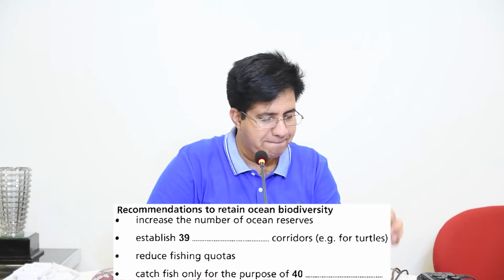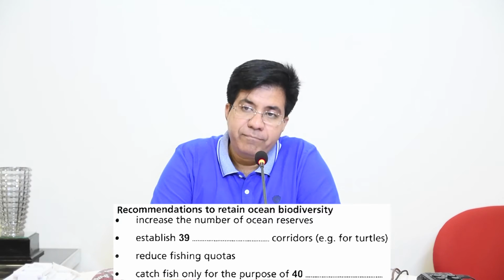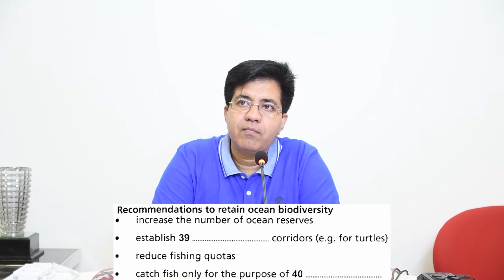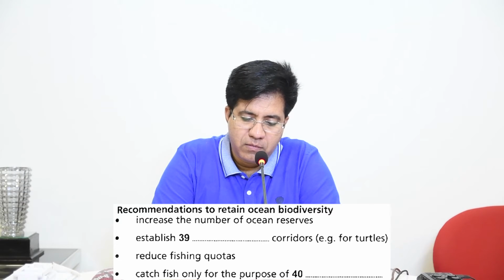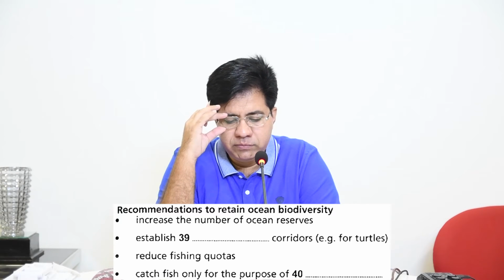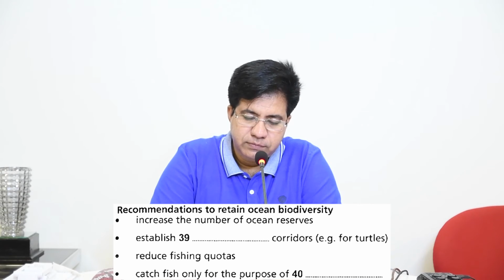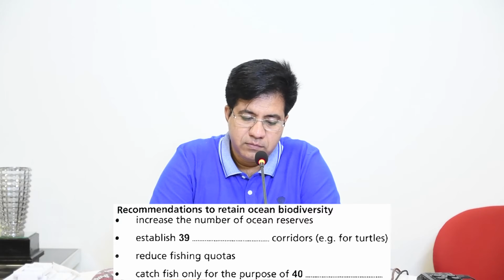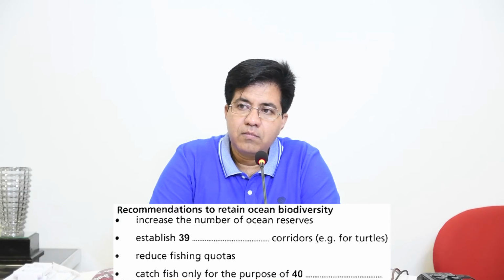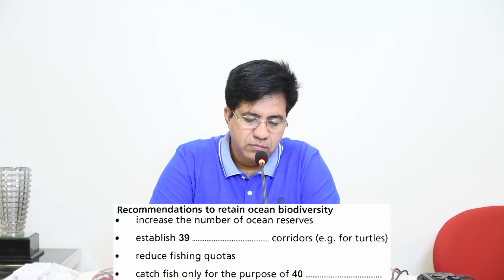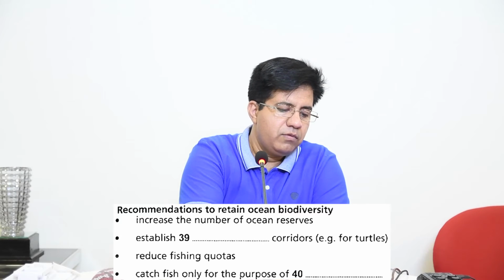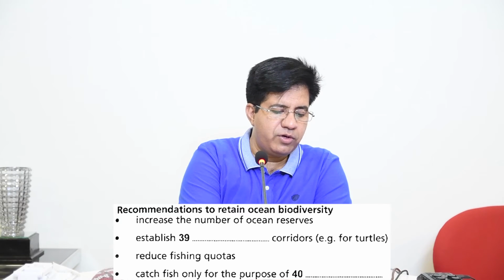So, let's see. Finally, what can be done to retain the diversity of species in the world's oceans? Firstly, we need to set up more reserves in our oceans, places where marine species are protected. We have some, but not enough. In addition, to preserve species such as leatherback turtles, which live out in the high seas but have their nesting sites on the American coast, we need to create corridors for migration, so they can get from one area to another safely.